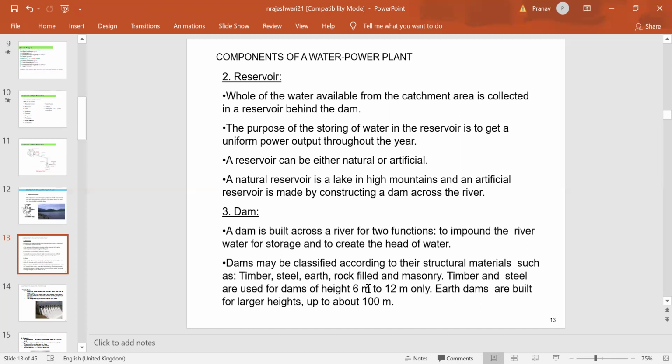And earth dams are built for larger heights, up to about 100 meters. These are the earth dams, and steel and timber are for a head of 6 to 12 meters only.